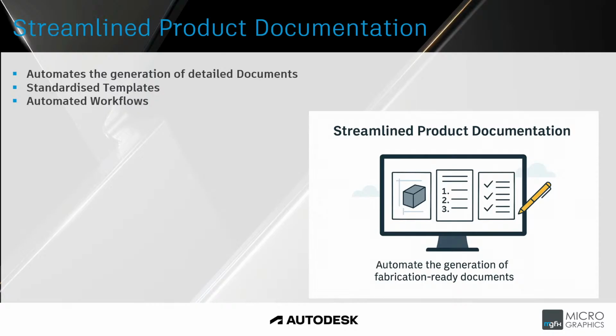Informed Design automates the generation of detailed fabrication-ready documents, such as your technical drawings, specifications, and assembly instructions. You can standardize your templates and automate the workflows to ensure that the consistency is right across the whole company. It will reduce the errors and accelerate your project timeline, making the transition from design to production effortless and seamless.